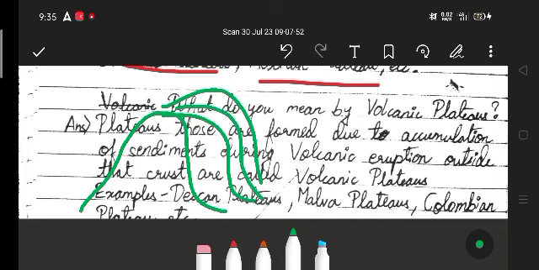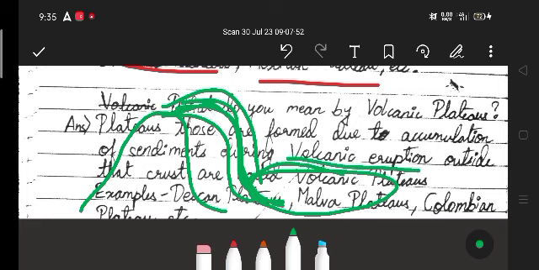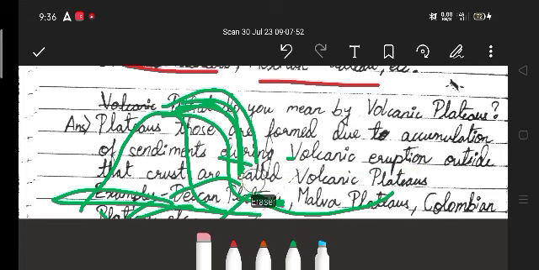So, accumulation of sediments during volcanic eruption outside the earth's crust. This is inside the earth's crust and this is outside the earth's crust. Outside the earth's crust, they are called volcanic plateaus.